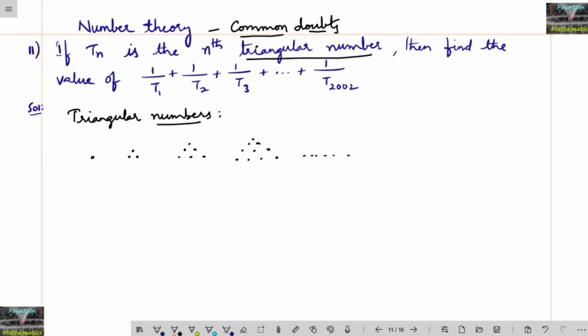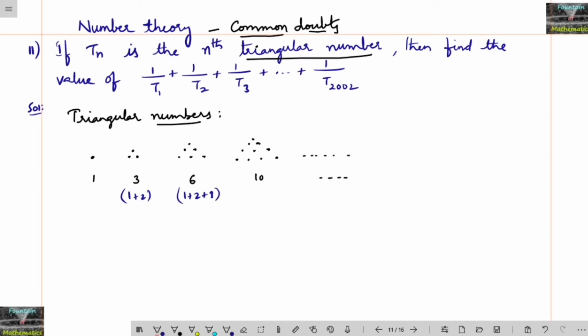In the first figure we find one dot, in the second figure three dots, in the next figure six dots, and in the next one a total of 10 dots, and so on. This 3 is nothing but 1 plus 2, and 6 is nothing but 1 plus 2 plus 3.